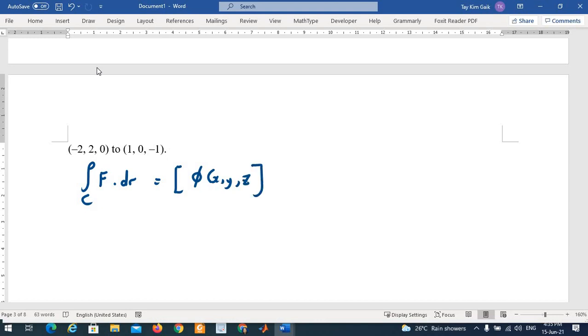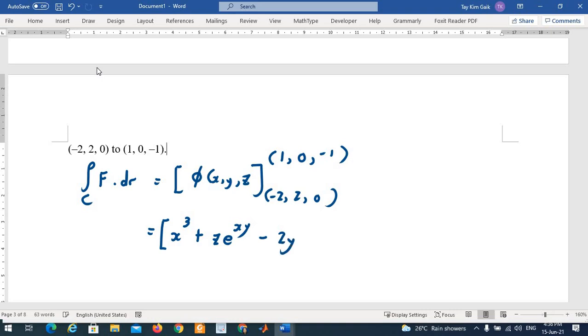Lower limit is the starting point, which is -2, 2, 0. Upper limit is the ending point 1, 0, -1. Then put in your potential function. You have x cubed plus z exponent xy minus 2y squared minus 3 exponent 2z plus k, from -2, 2, 0 to 1, 0, -1.